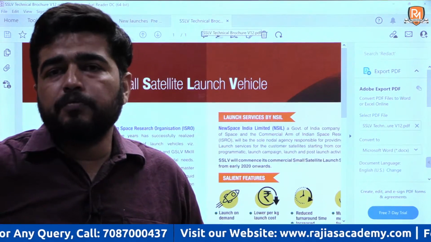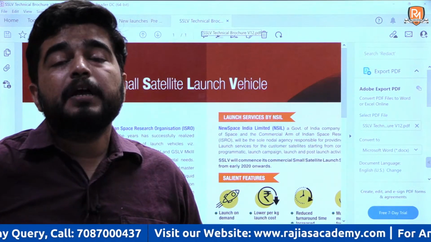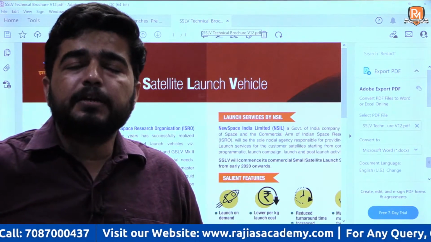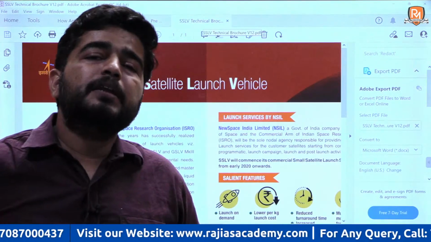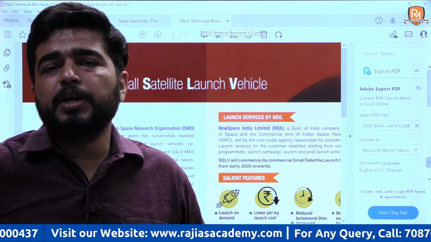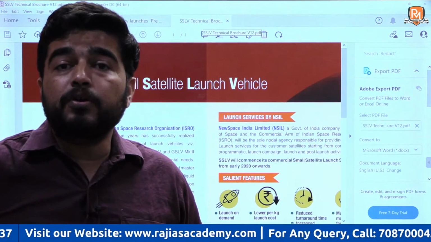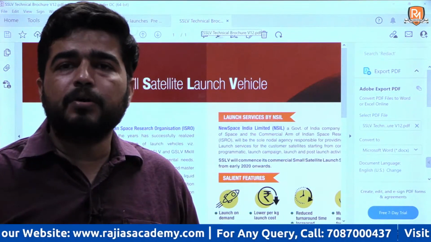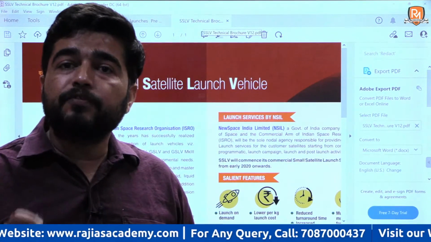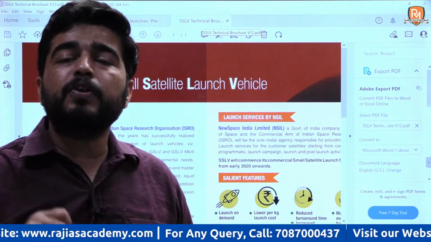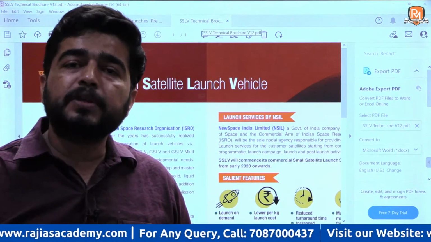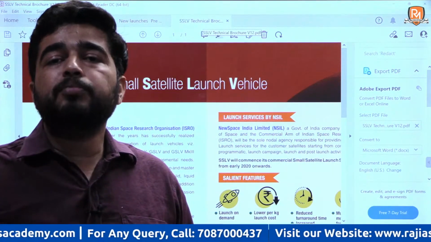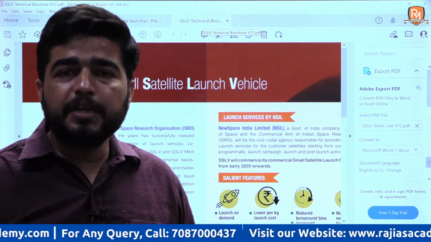For example, PSLV can launch a satellite up to 1725 kg, and in GTO or geosynchronous orbit about 1400 kg. When we use it for a 100 kg, 200 kg or 400 kg satellite, it is a waste of resources, because it has the capability to launch up to 1500 kg or 1700 kg.